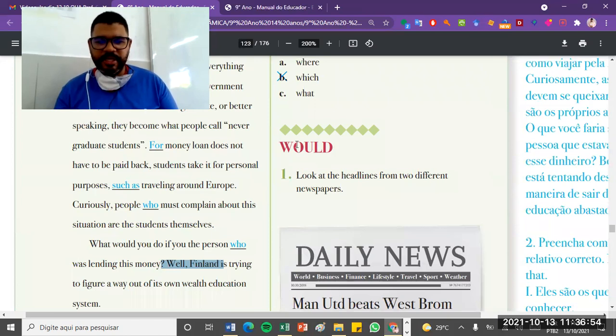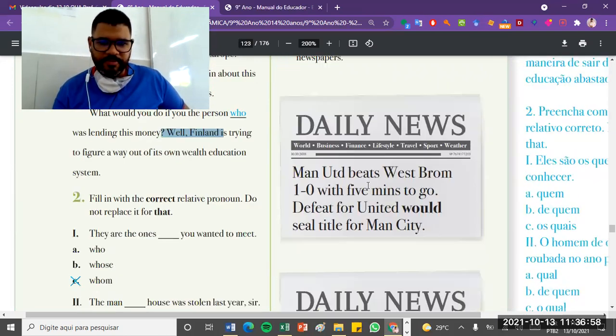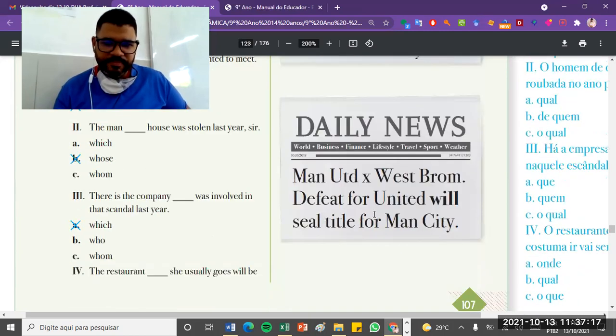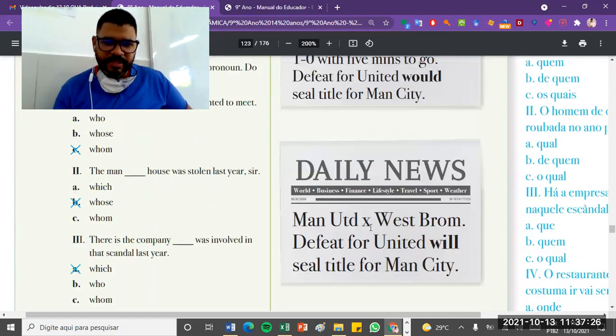And here on the end of it, we have, look at the headlines from two different newspapers. So here we have Daily News: Man United beat West Brom 1-0 with 5 minutes to go. Defeat for United would steal title from Man City.